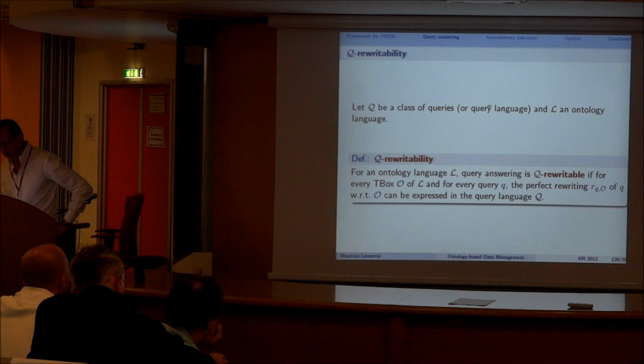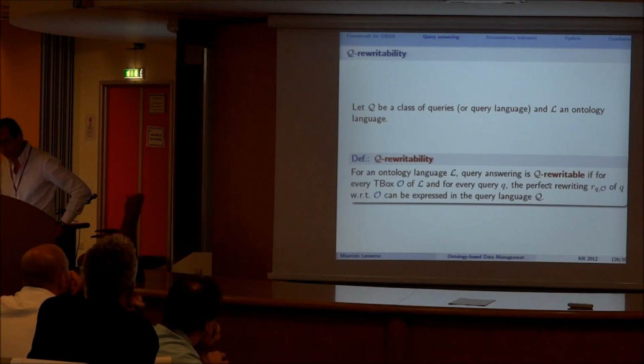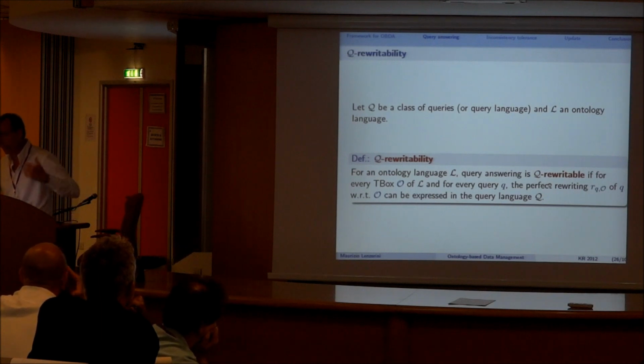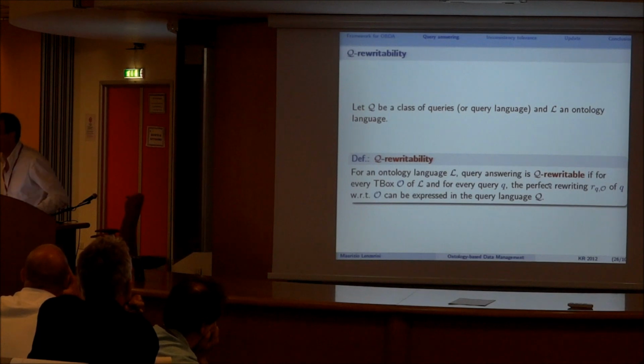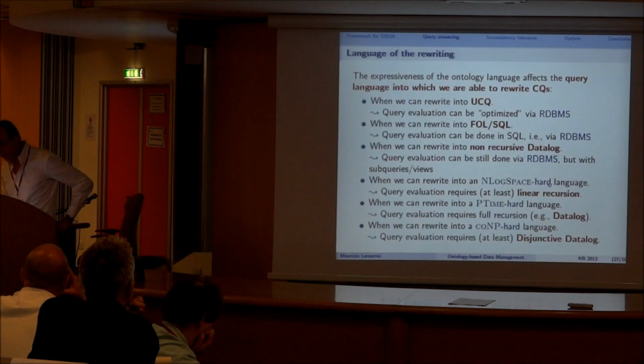Then, for an ontology language L, I say that query answering is Q rewritable if for every T box O of the language L and for every query Q, the perfect rewriting of Q with respect to O can be expressed in the query language Q. That is, the rewriting that, when evaluated over the database, returns the certain answers can be expressed in the query language Q.